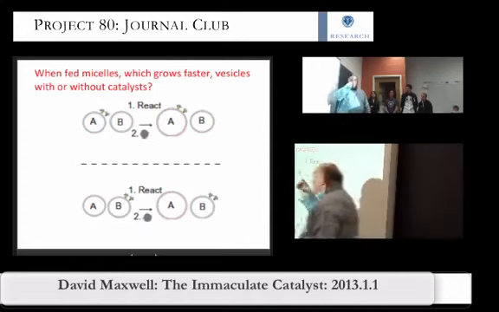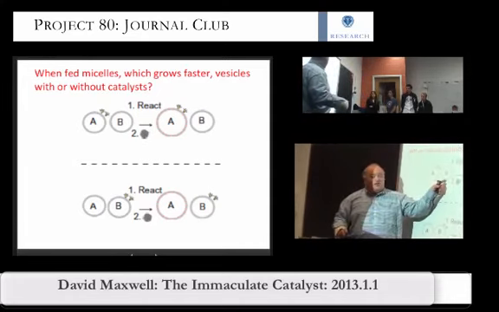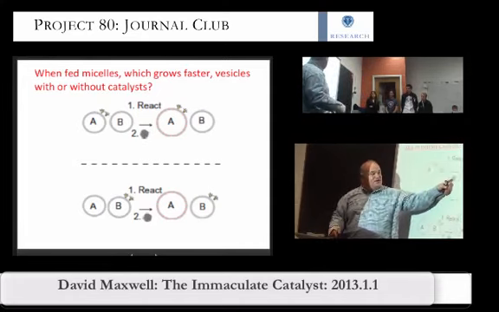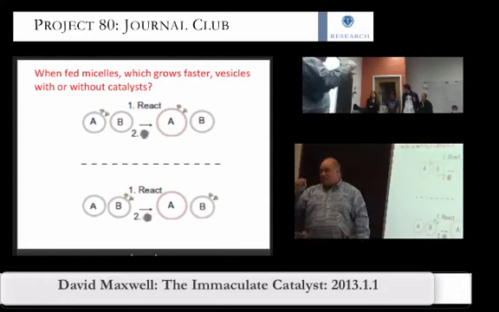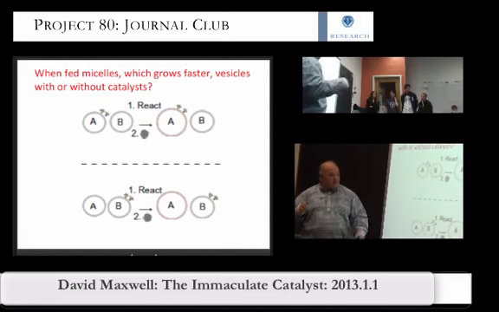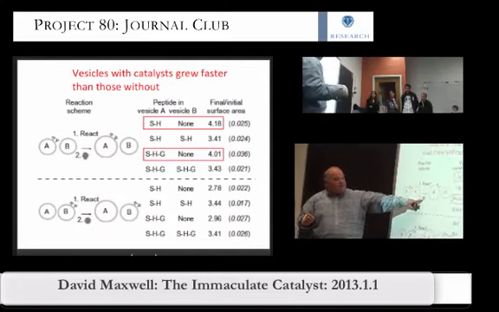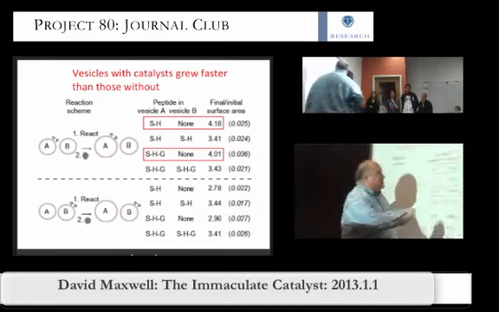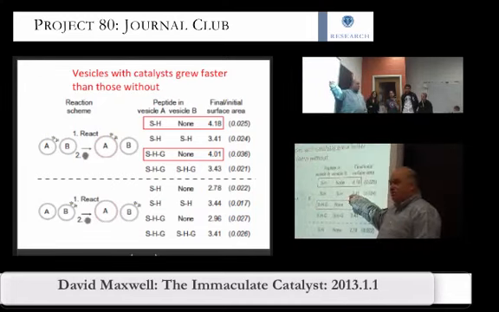Okay. Then they looked at a similar type of thing, only they have a competition here, and they feed them micelles. Remember, micelles are just globules of fatty acids without a center. And then they reacted. So here we fed them micelles, and you can see against itself, this is your control.